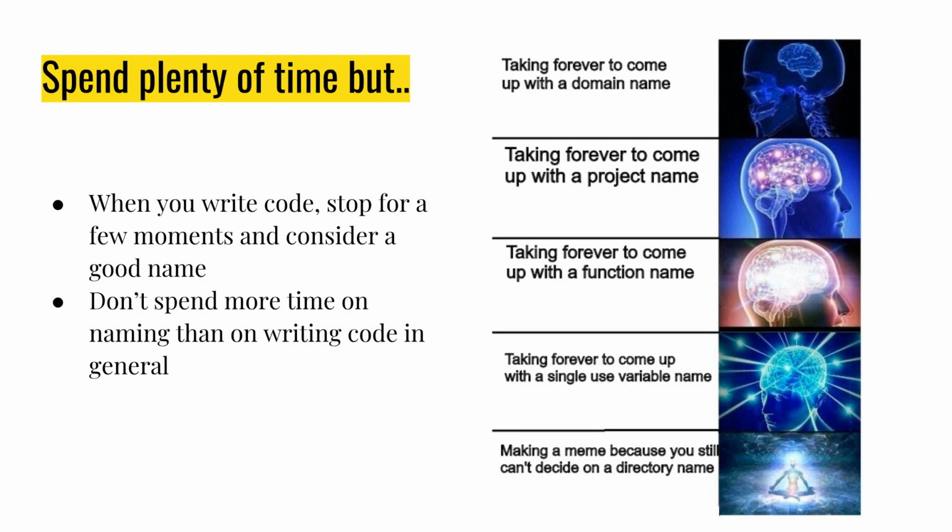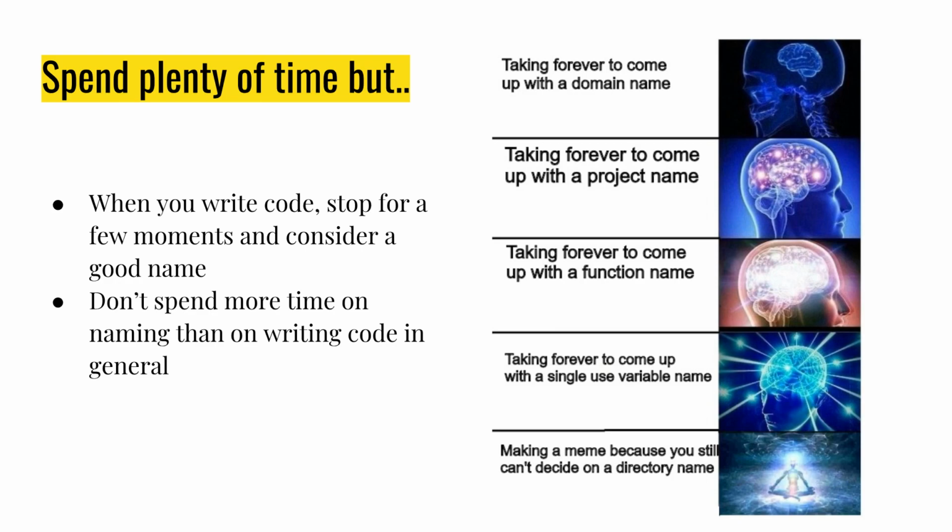But don't spend too much time on naming. Sometimes it just comes naturally. Sometimes you will write something ahead and you'll go back to the place because you had an idea how to name it better. So this picture is quite a funny illustration where initially you're taking forever to come up with a domain name, which is very important. And then you're taking forever to come up with a project name, which is also very important.